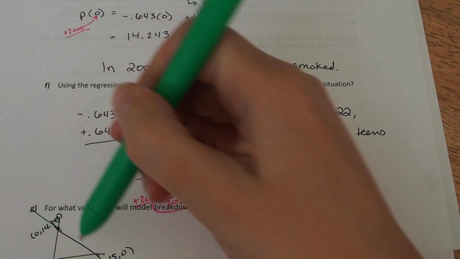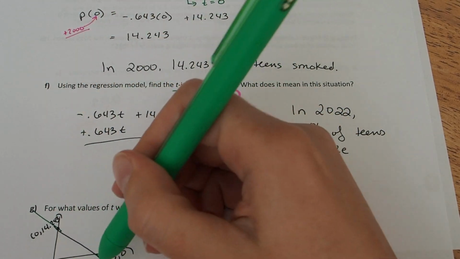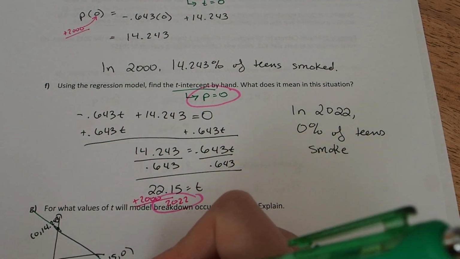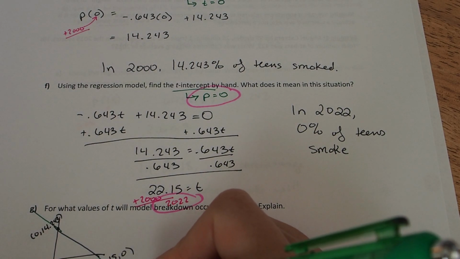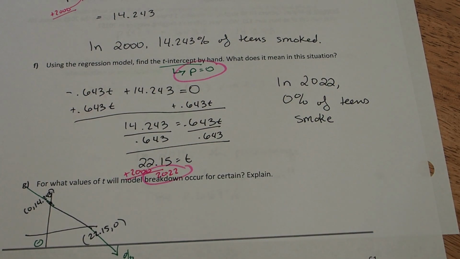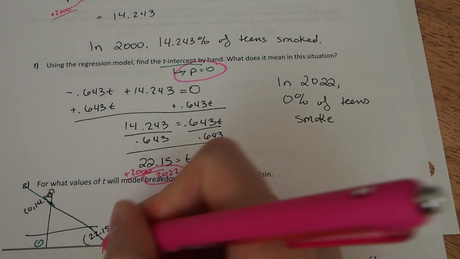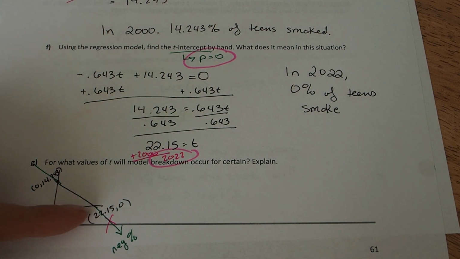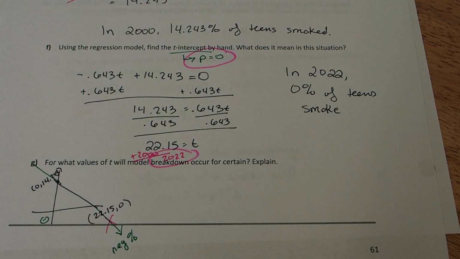So continuing down in this direction is going to get into the negative y values. So you're going to start talking about negative percentages, and that's not going to make sense. Okay. So we definitely know that this area down here is not going to make sense. We're not going to want values that cross the x-axis there. Okay.